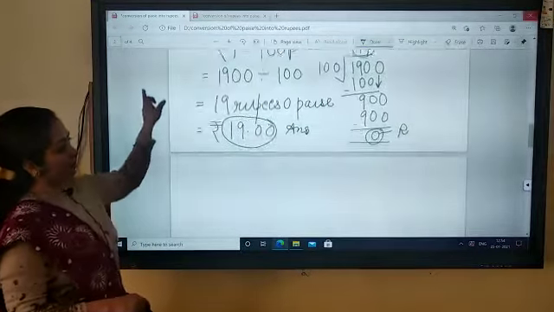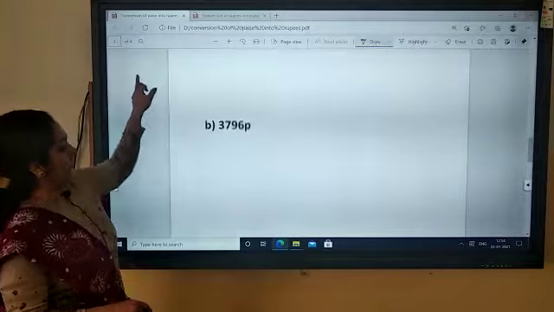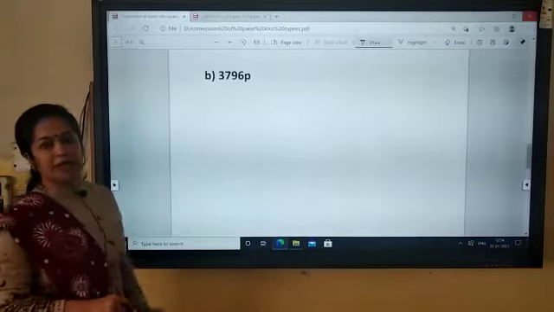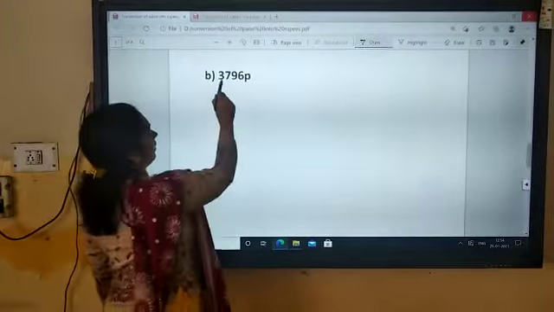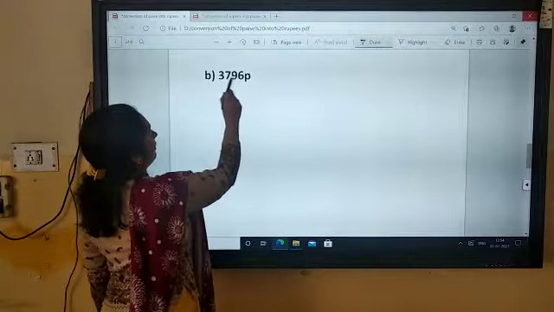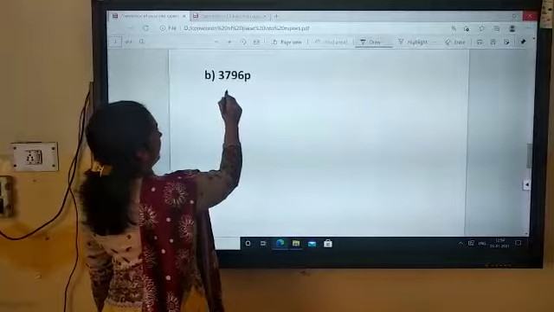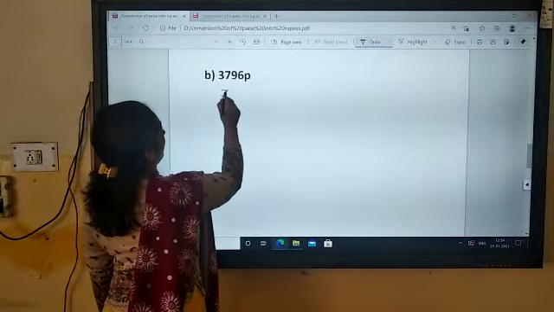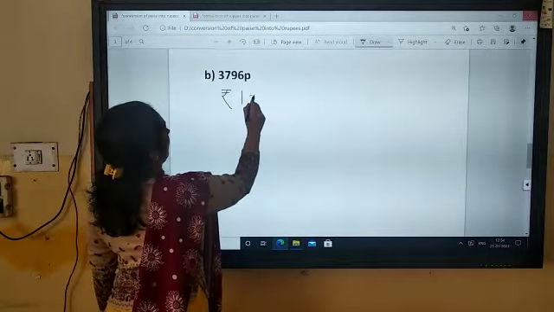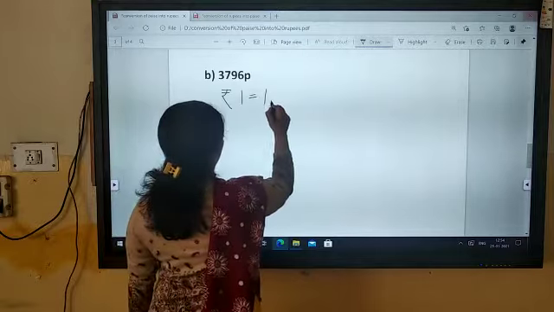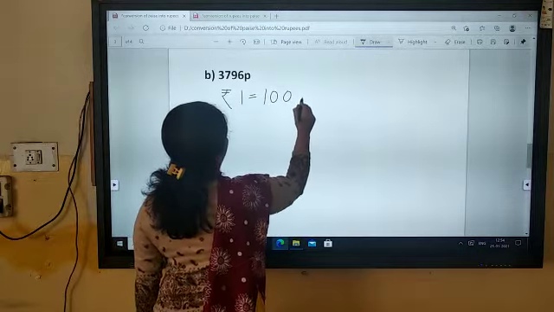Now we will solve one more sum. We have to convert 3796 paise into rupees. As we know, 1 rupee is equal to 100 paise.